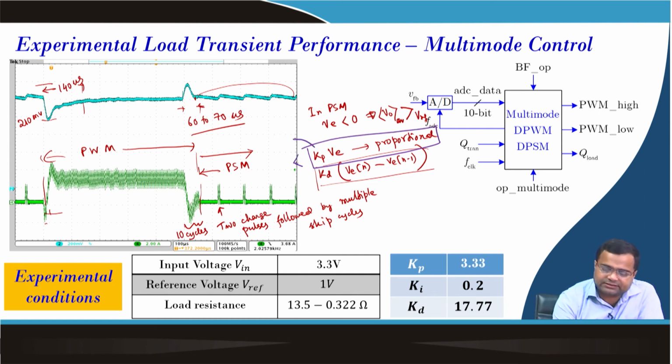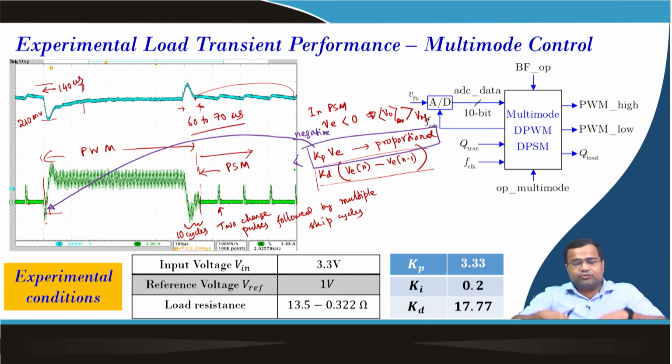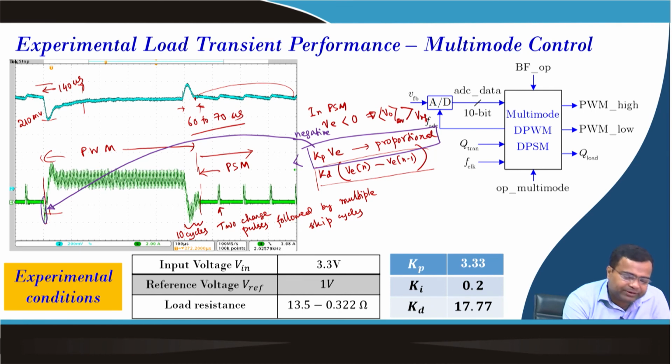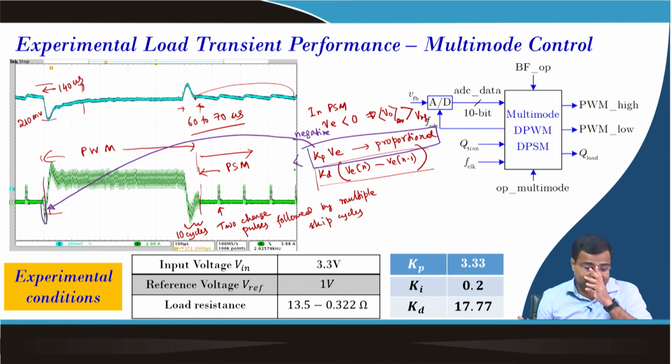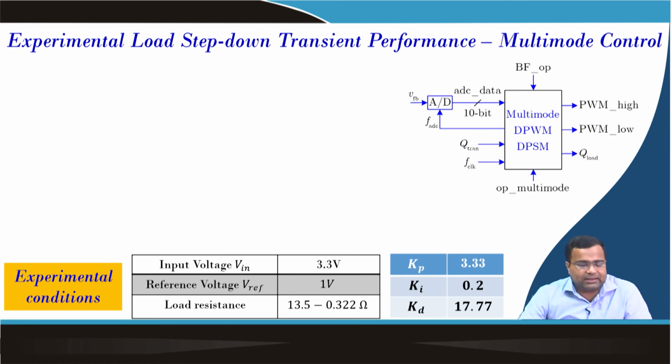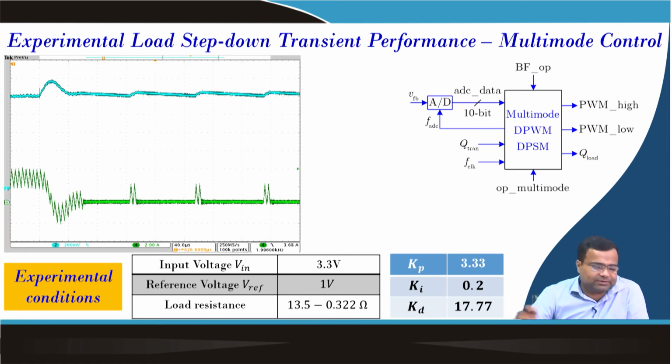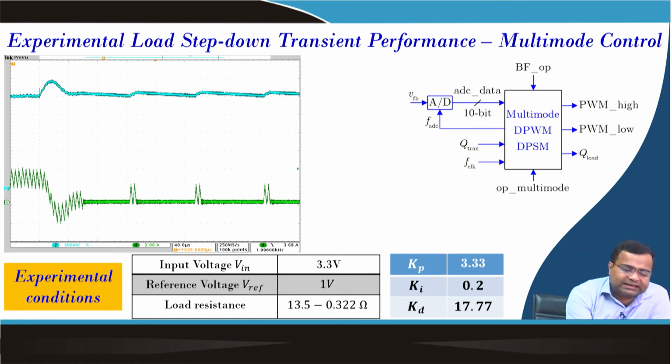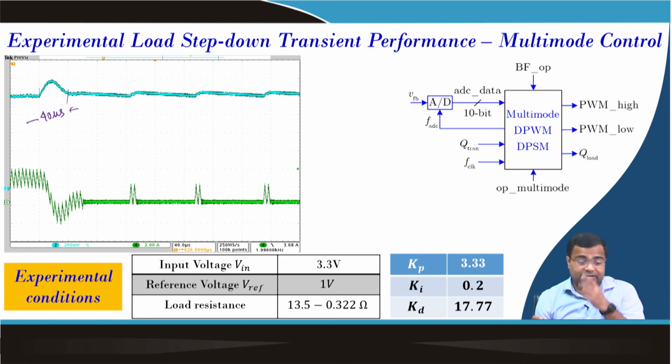I would say during this time, this quantity is negative. As a result, it is going down and the switch is actually turned off for some time at the beginning, and that is taking down the current. So, to overcome that in multimode, if you zoom the step down transient, we have retained, in fact, just like 40 microseconds, which is very good.